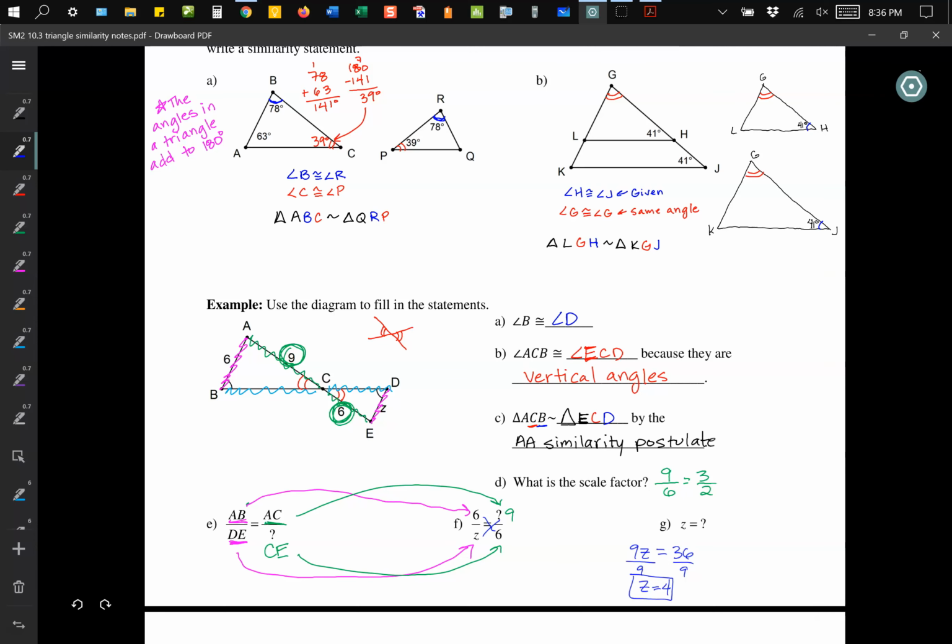Now there are other ways to get that Z equals 4. Some of you have probably figured out other ways to use the scale factor. The scale factor was 3/2. You could have figured out that you could divide each of these numbers by that scale factor to get there.